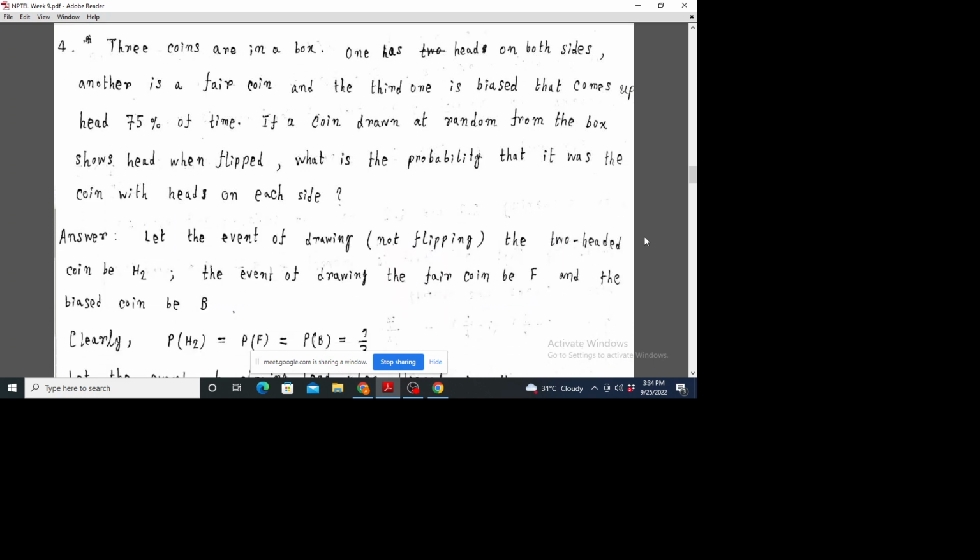Now the next problem, again, this problem also can be solved by using Bayes theorem, but I will not do so.